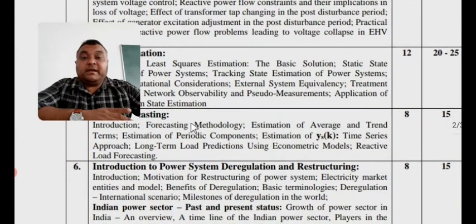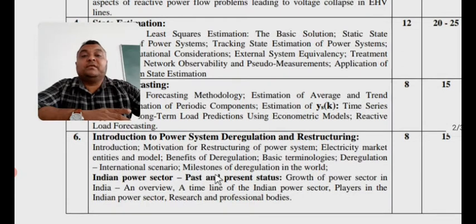After completing load forecasting, we will see the introduction to power system deregulation and restructuring. That is the final chapter of our syllabus.